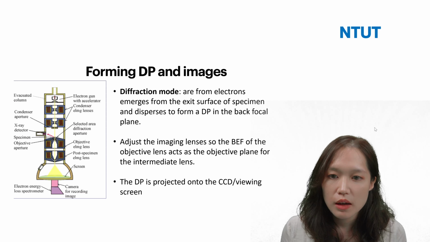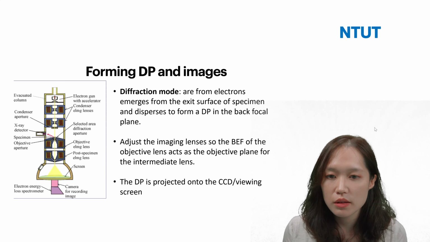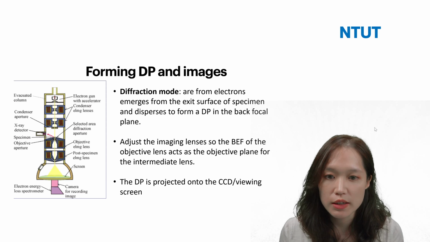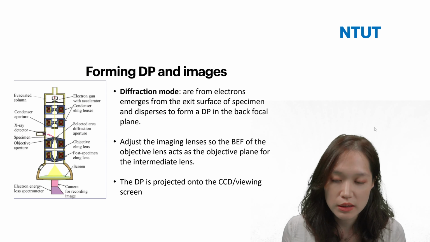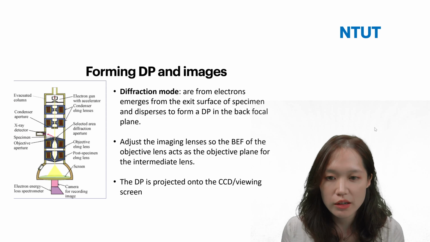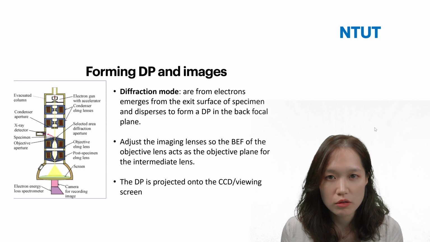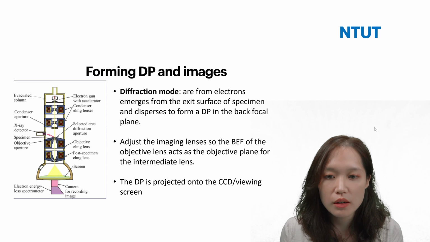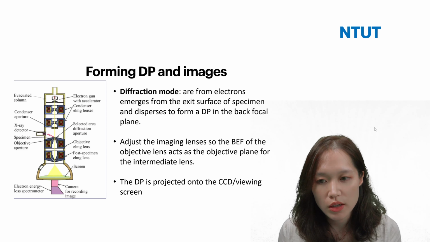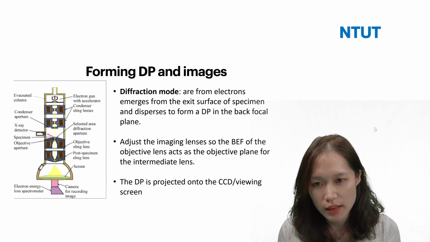We can adjust the image lens, so the back focal plane of the objective lens also acts as the objective plane for the intermediate lens. So we're playing around here with how the optical rays are aligned, to see how it goes up or down, or fat or thin. The diffraction pattern is then projected onto the CCD or the viewing screen at the end.